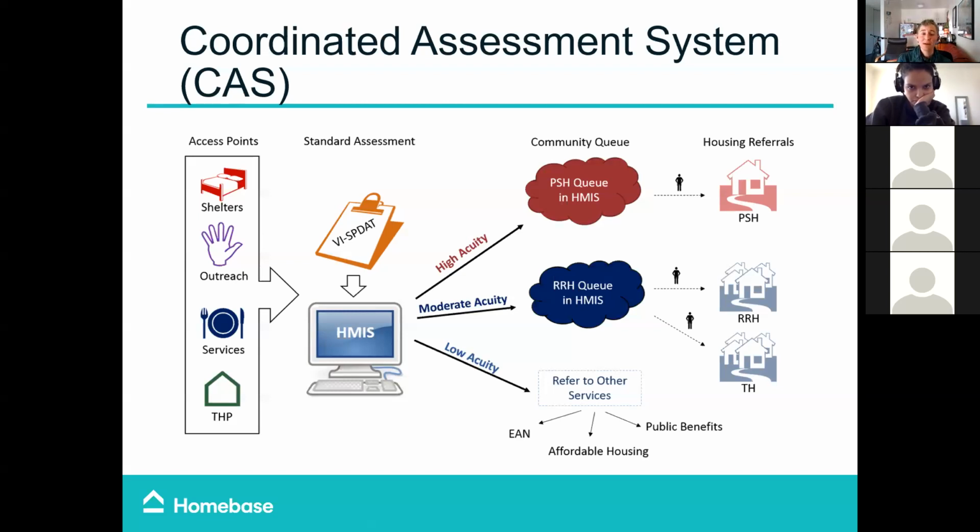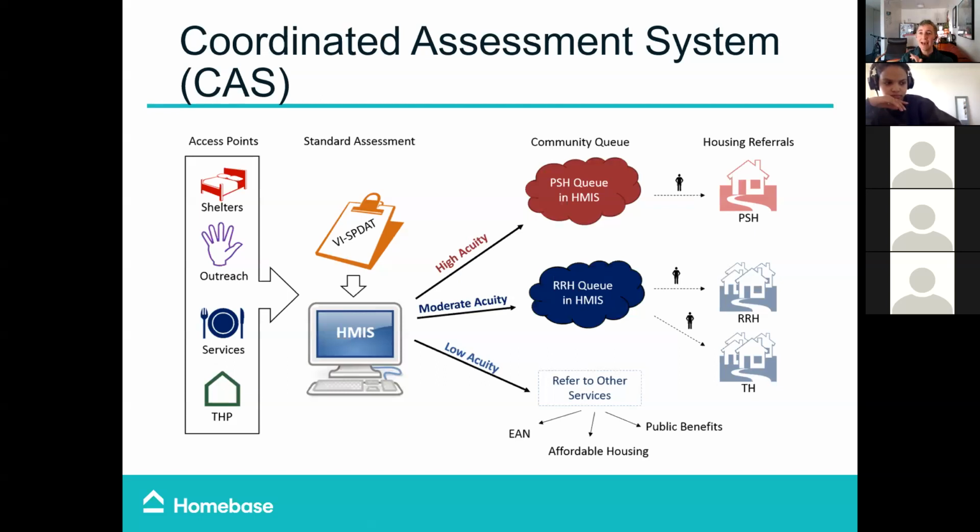So for folks who might not be super familiar with coordinated assessment, I'm going to go through generally the pieces of coordinated assessment, and then relate that to what it looks like in Santa Clara County. So coordinated assessment involves identifying people who need housing supports.